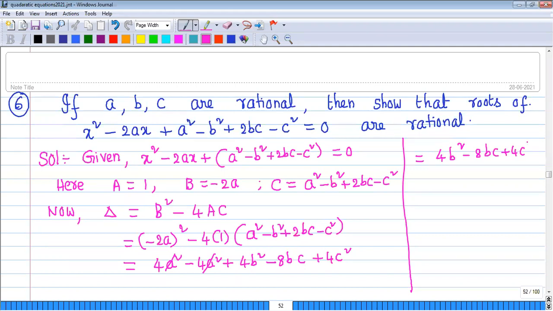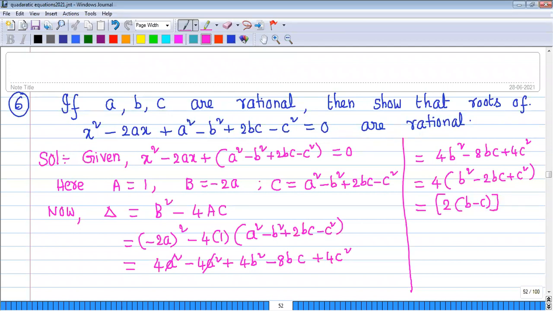Can we take anything common out from these three terms? 4 common. Very good. We can take 4 common. If you take 4 common, what do you get? b square minus 2bc plus c square. How does it appear? b minus c whole square. So we can write 4 times (b minus c) whole square.